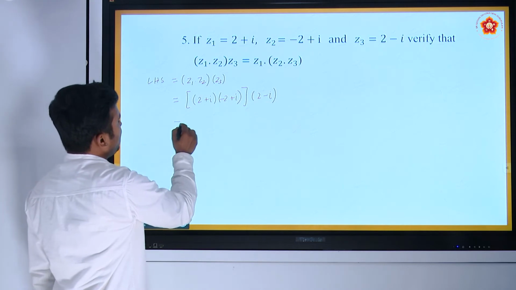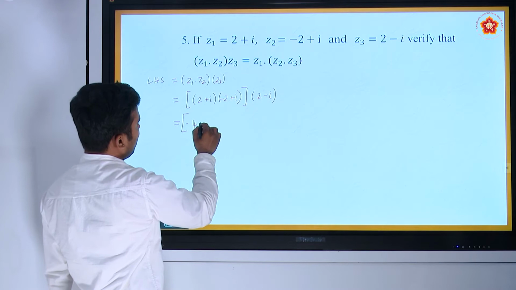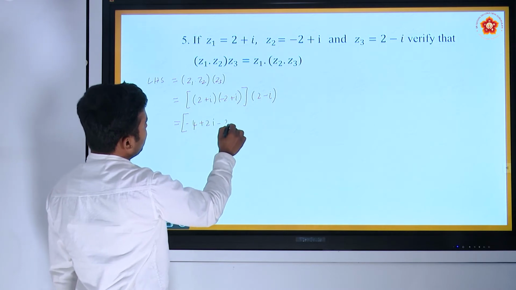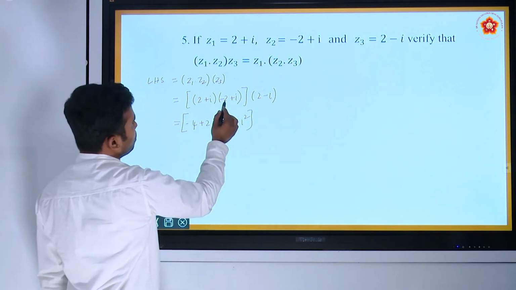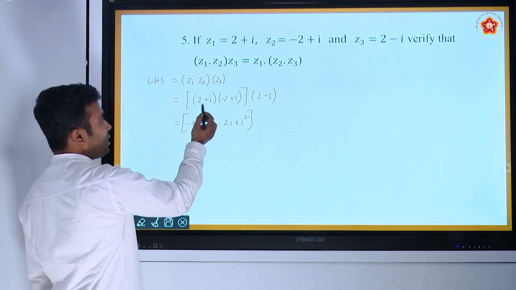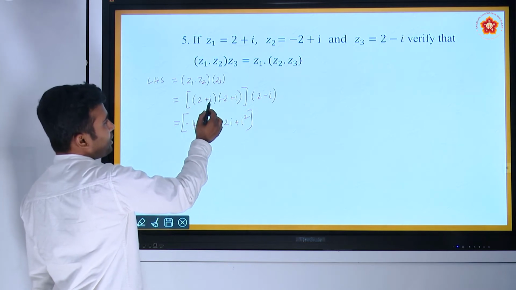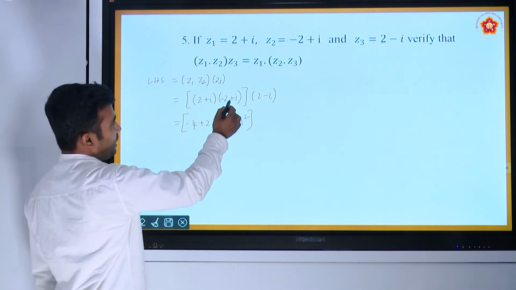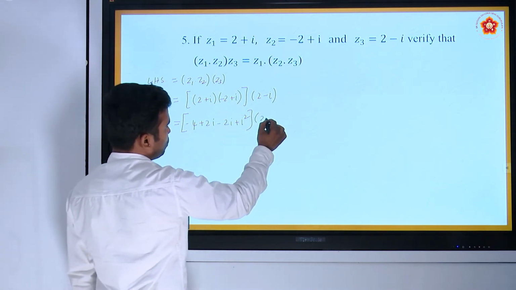So here you multiply this: 2 into minus 2 is minus 4, and 2 into i is 2i, plus i into minus 2i is minus 2i, and plus i into i is i square, into 2 minus i.